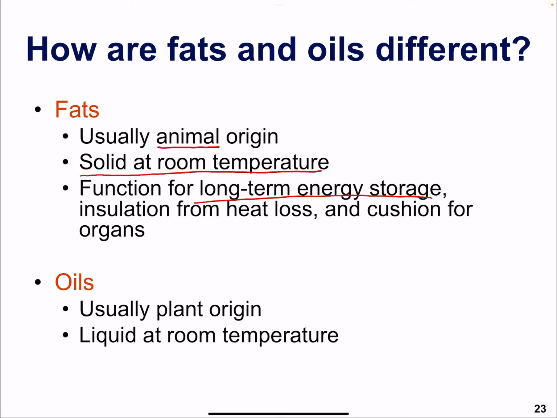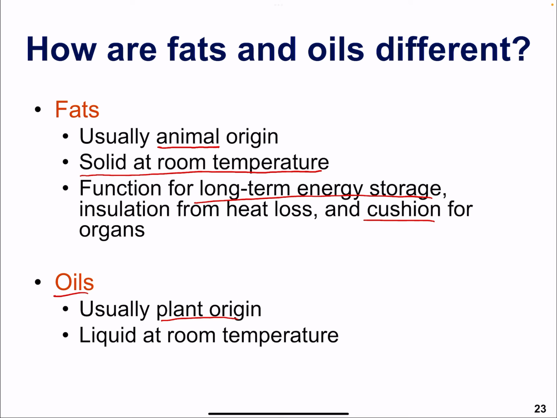That layer is thicker in the winter compared to the summer because it is used as insulation for the deer, right? The fat is also used as a cushion for organs such as the heart. The oils in general are found abundantly in plants.